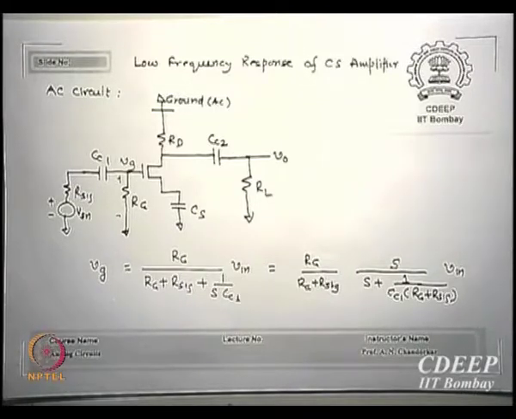But at frequencies small enough, their impedances are not infinite or zero, they are effective then. But at those frequencies the other capacitors may not be working, CGD for example, if omega is very low, then that impedance will be infinite.